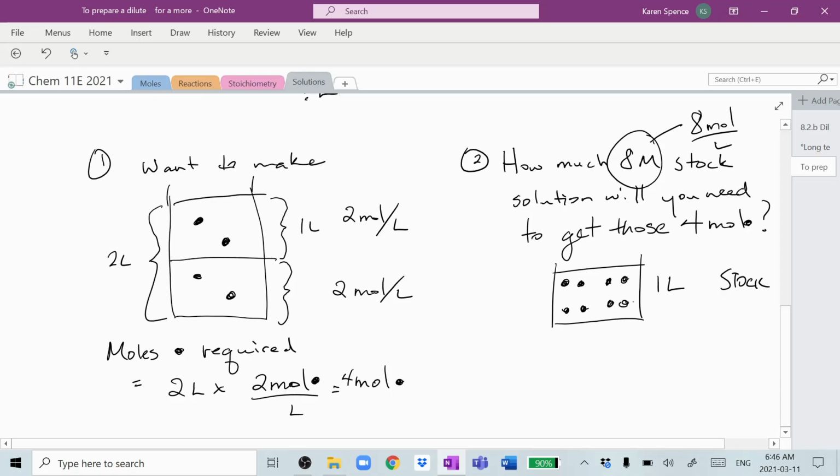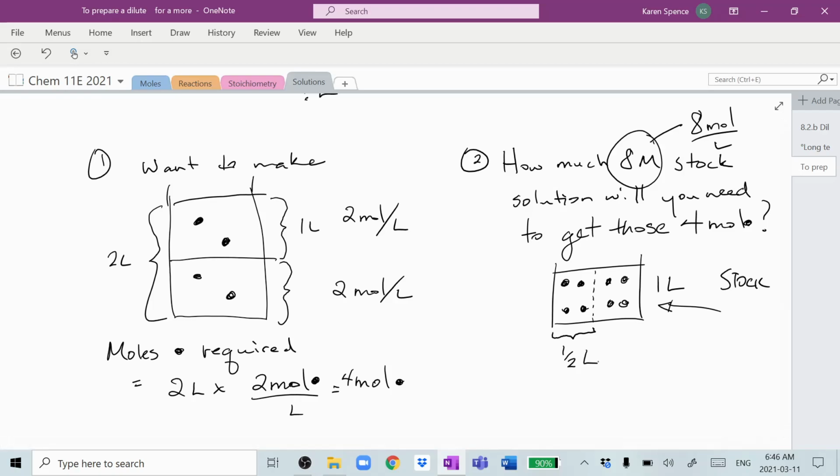So the question then becomes, how much of this solution do I need to get 4 dots? Well, if I cut this in half, look, I've got 4 dots. Well, what volume is this? This is a half a liter, right? So I would need a half a liter of that 8 molar stock solution.